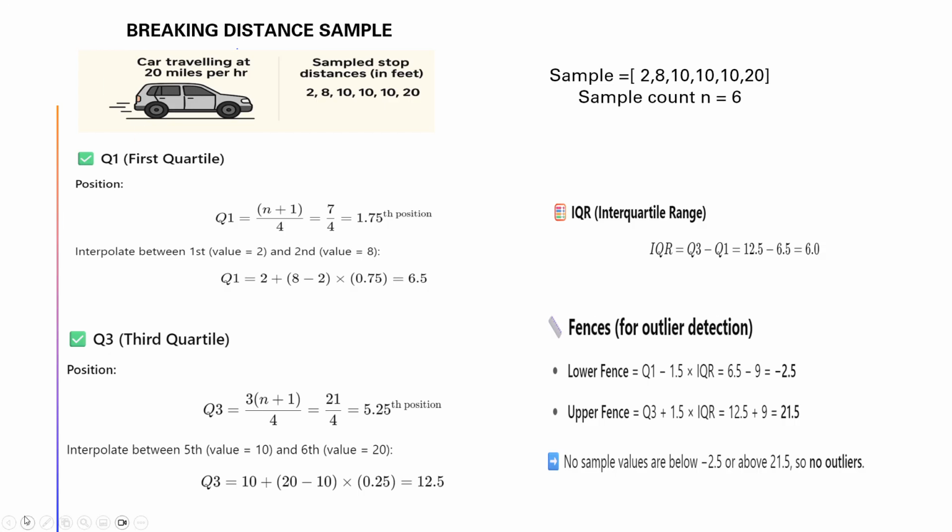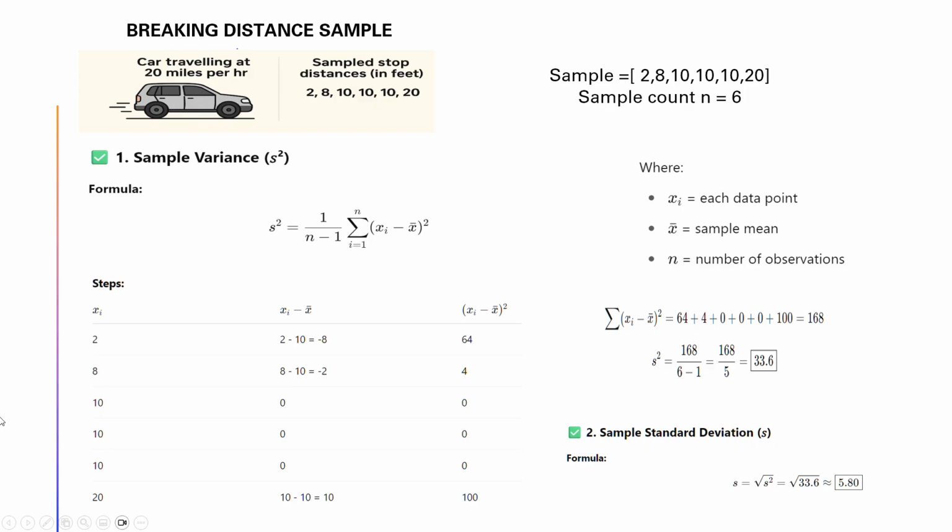Next up, we go to the formula for variance calculation. The formula is the sum of (xi minus x bar) squared divided by n minus 1. And here is the calculation.